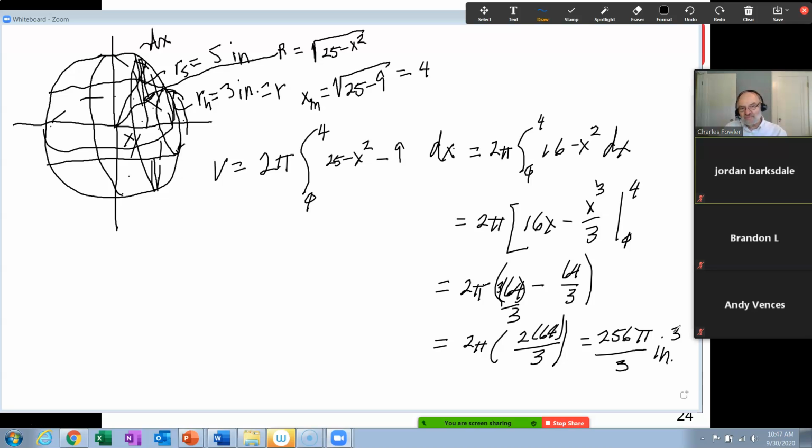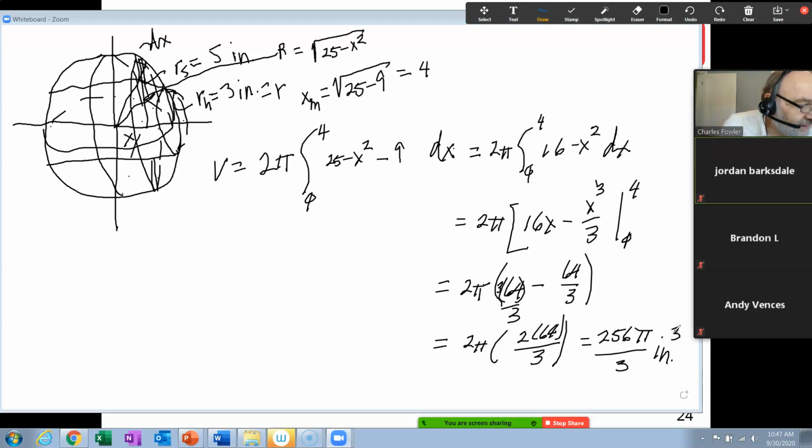Probably more than 260, maybe even close to 270. I don't think they round. Oh, no, they don't. Because you see, pi is very close to 3, just a little bit more than 3. So you're just multiplying 256 by a number just a little bit greater than 1. So somewhere between 260 and 270 cubic inches is what I would guess, but I'm not going to worry with it.